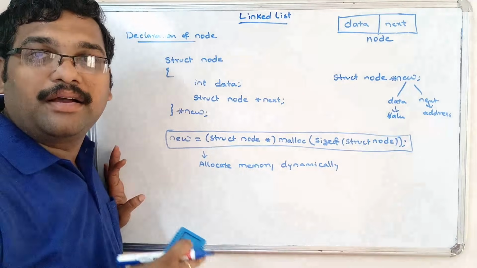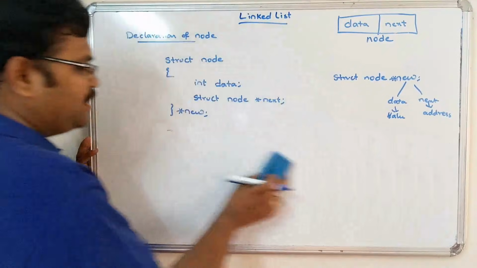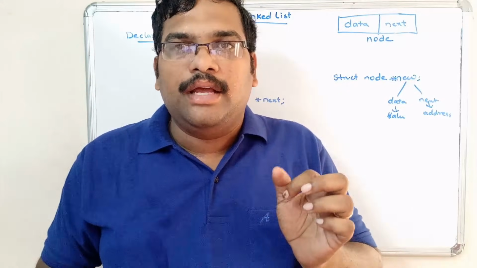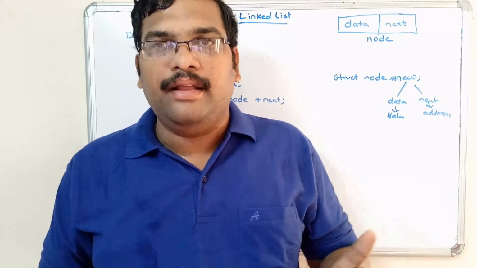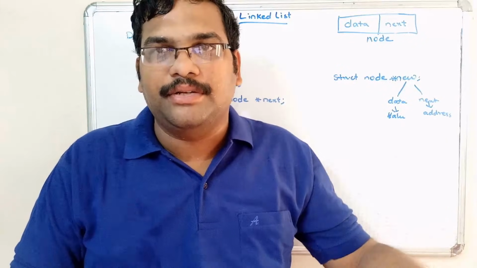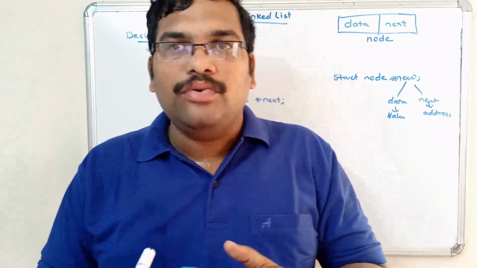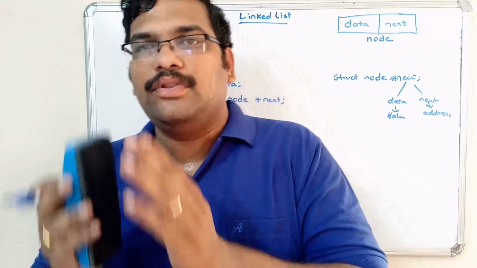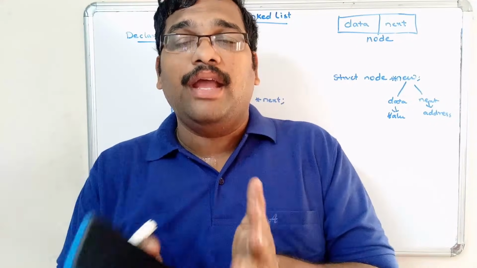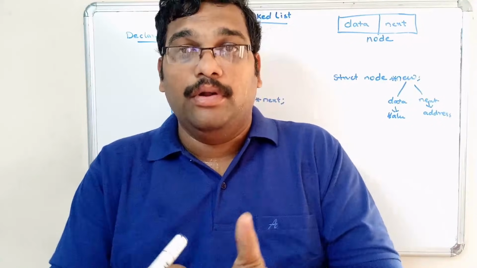Now we will create a list and display the list. As I have said, every list will have a head and tail. The head will be the starting position and the tail will be the last position. Initially we have to assign the head and tail to the first element, because if there is one element, we have to assign the head and tail to the same node.